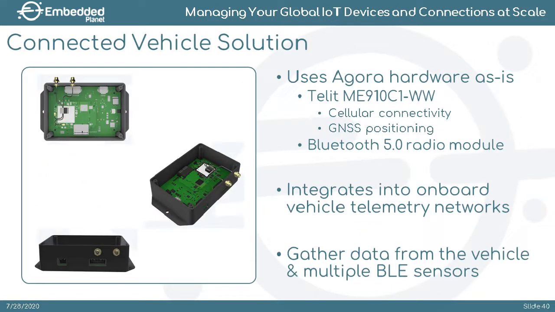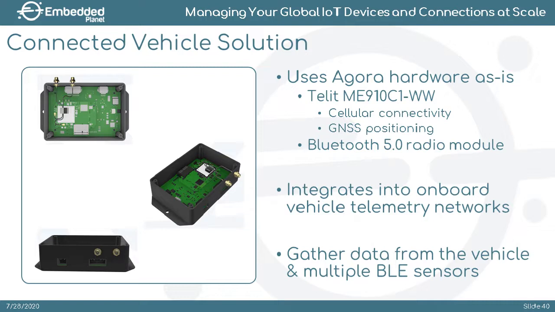Another example is this connected vehicle. So we've done, once again, leveraging that Agora module, a box that you can add into a trailer or a truck or whatever and hook up into OBD2. It has the CAN interface that's available.